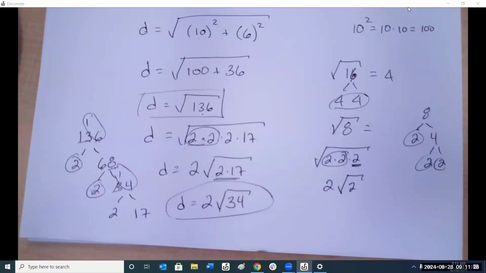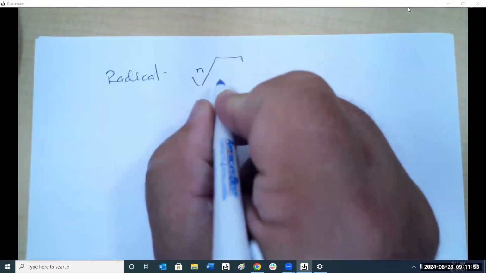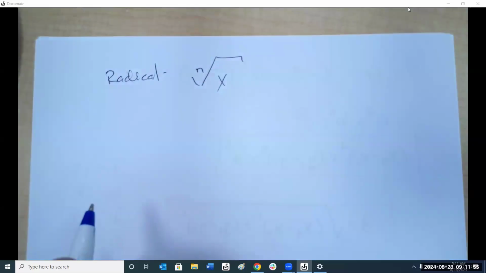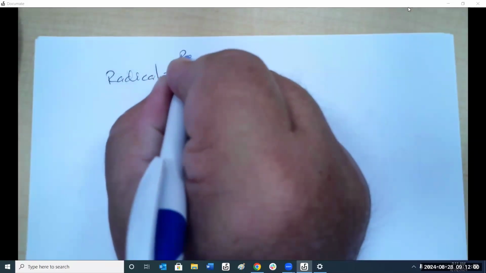So that's the distance formula. Yes. I know we talked about it on Monday very briefly, but can you please define radical again for me? You define it? Yes. This is called an nth root radical. This number inside here is called the root.